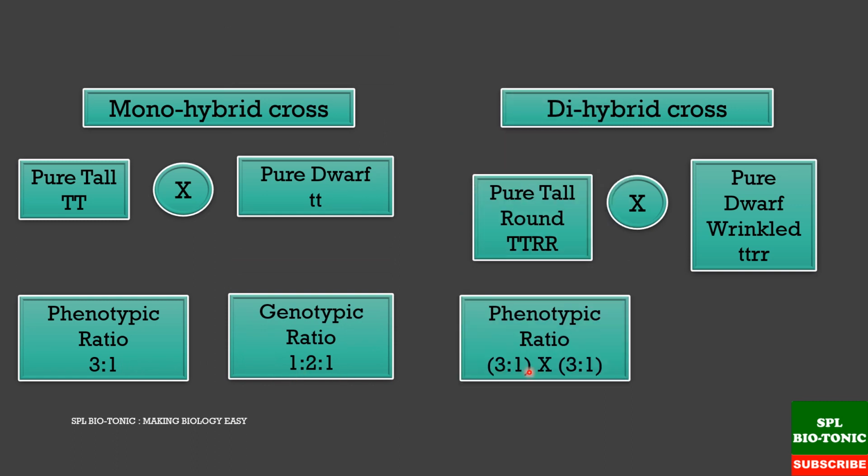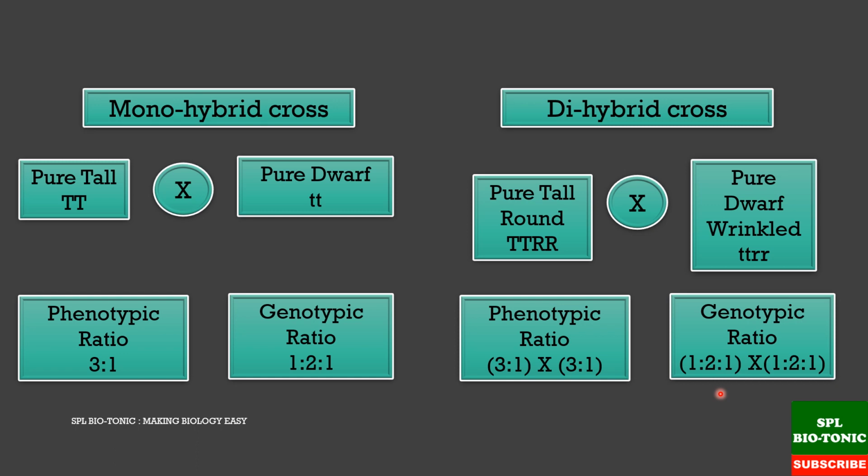In a dihybrid cross, we get a phenotypic ratio of 3:1 multiplied by 3:1, whereas the genotypic ratio will be 1:2:1 multiplied by 1:2:1. Now what is the meaning of these two answers? We'll see it later on.